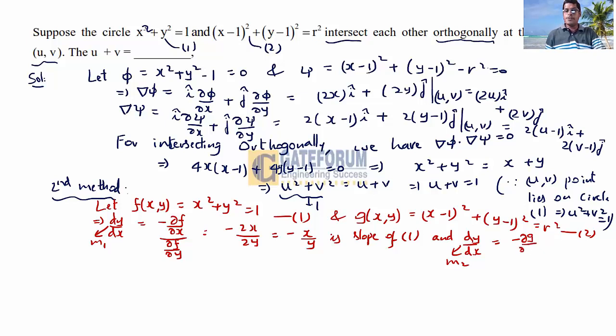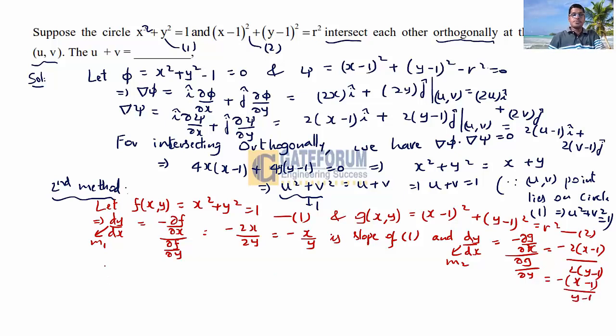So this is minus 2 into x minus 1 divided by 2 into y minus 1. Easy partial derivatives. 2 cancels, minus of x minus 1 divided by y minus 1.